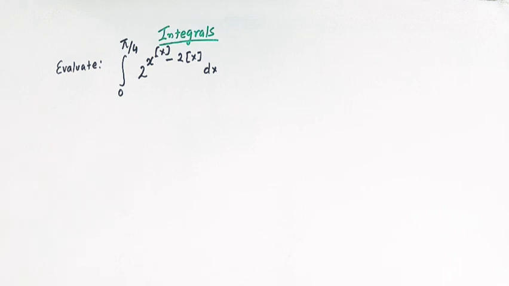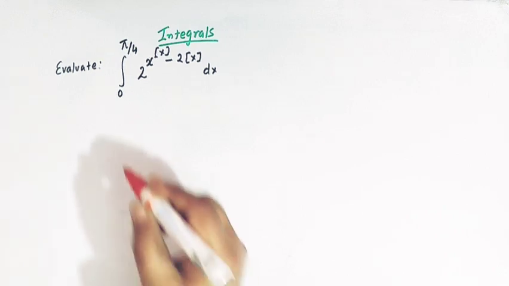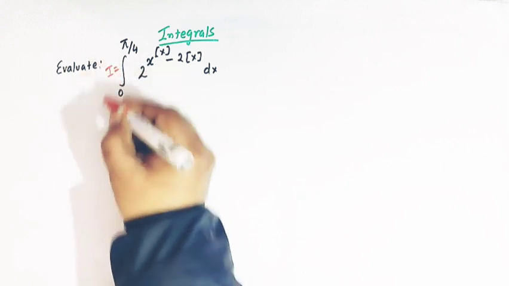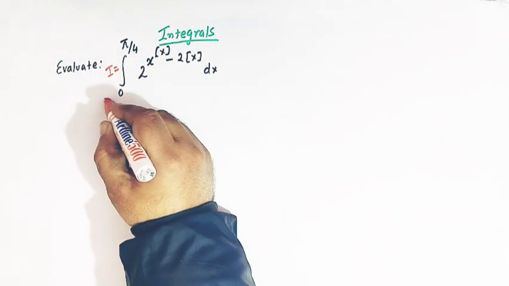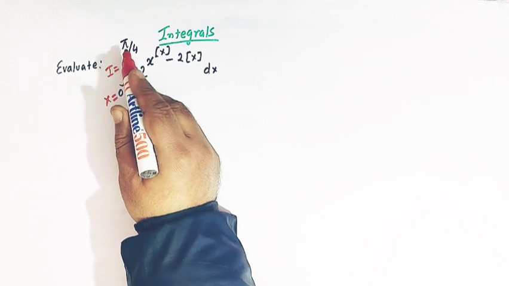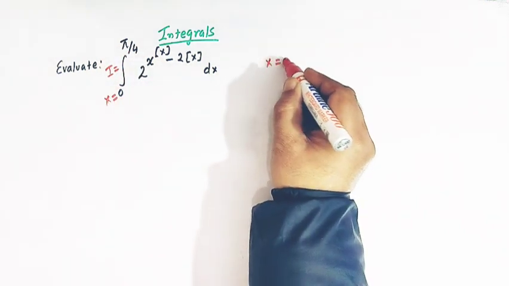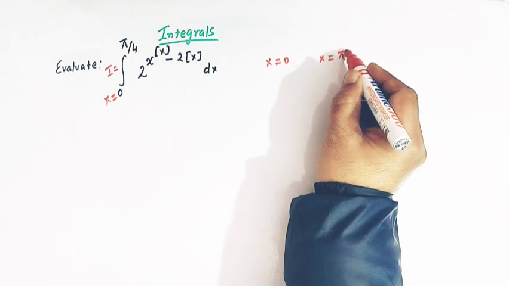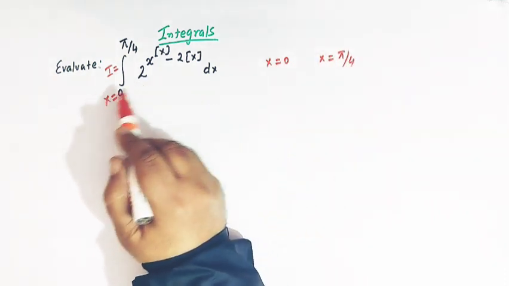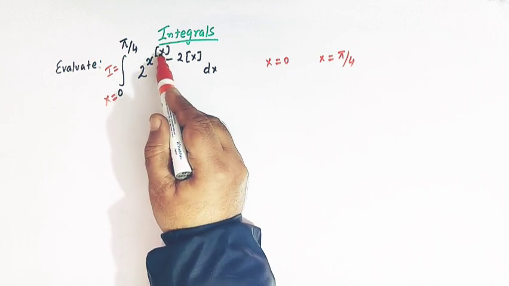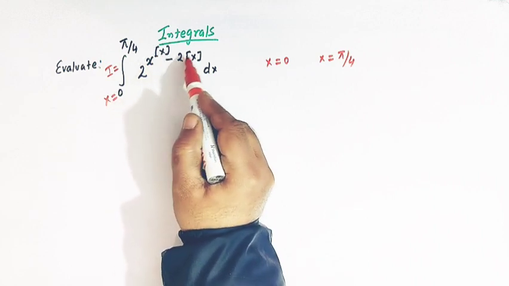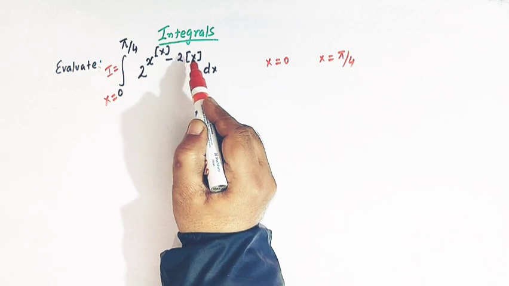So let us start. Let us call this integral I, right? Here the limits of integration vary from 0 to pi by 4, and the integrand is 2 raised to x raised to greatest integer of x minus 2 times the greatest integer of x.